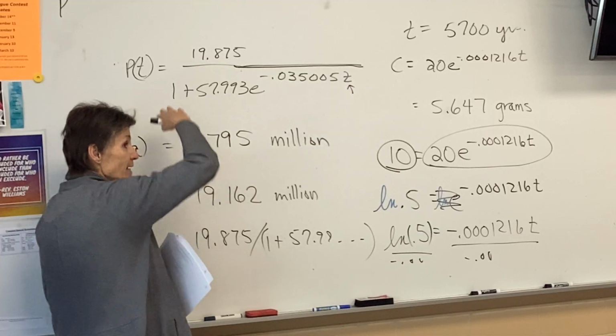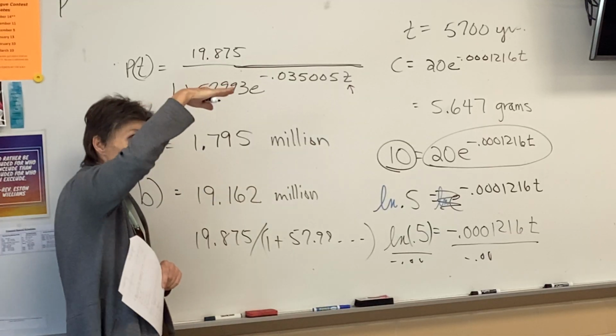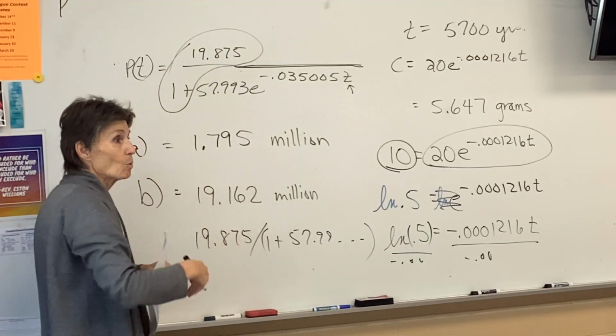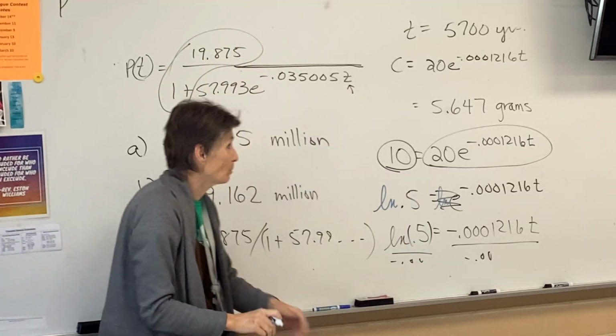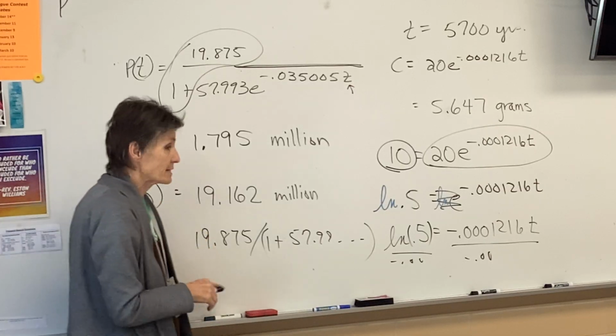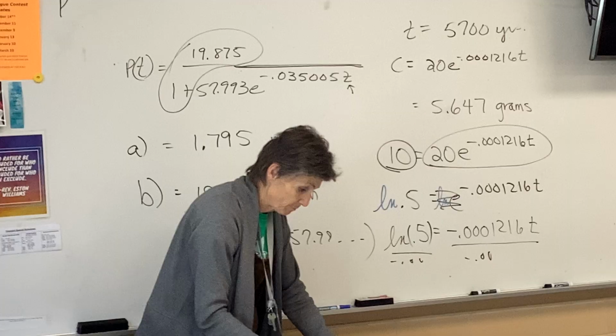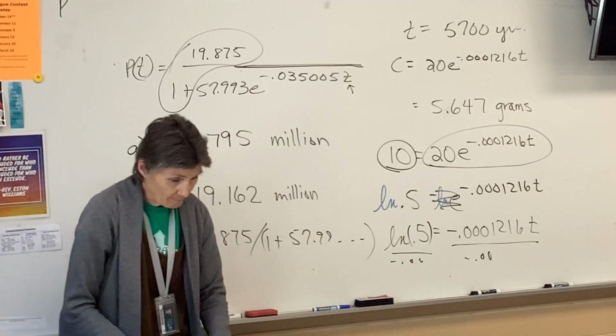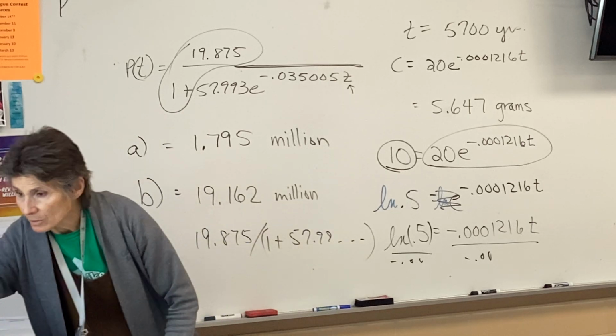How did we find that top asymptote, the limit to growth? Right here, right? So what is the maximum sustainable population? 19.875. All right. Quickly.